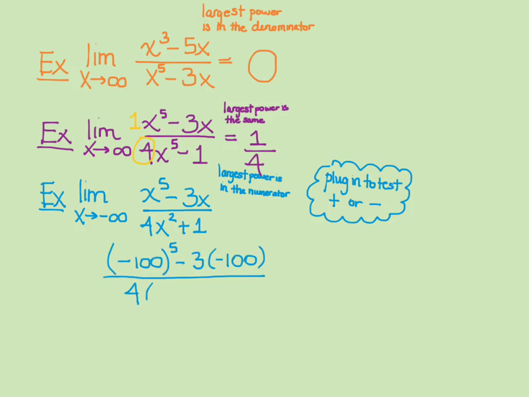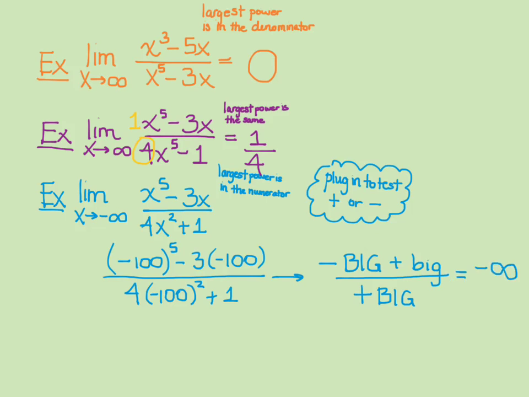So we're going to plug in negative 100 into the top and the bottom. And we don't care what the exact answer is, we just care whether it's positive or negative. So notice that the numerator is a big negative number plus a less big positive number, divided by a very big positive number. So we have a negative over a positive, which gives me negative. So our answer is negative infinity.